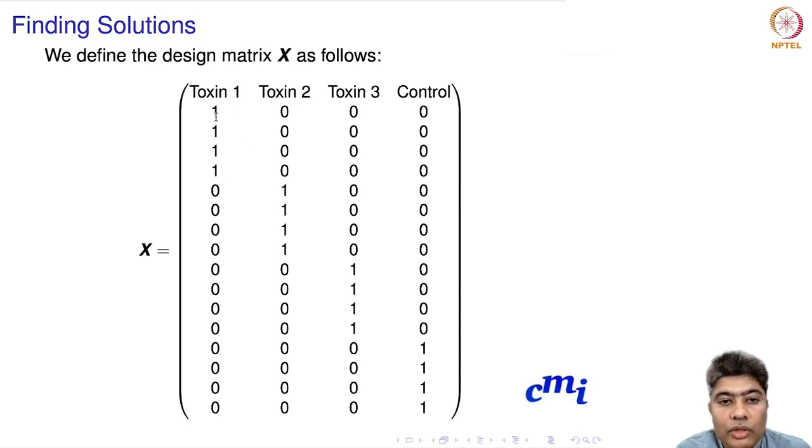The first four rows of my data belong to toxin group 1, and for those rows toxin 2 is 0, toxin 3 is 0, and the control group is 0. Similarly, from row 5 to row 8, toxin 2 goes to 1, toxin 1 is 0, toxin 3 is 0, and the control group is 0.